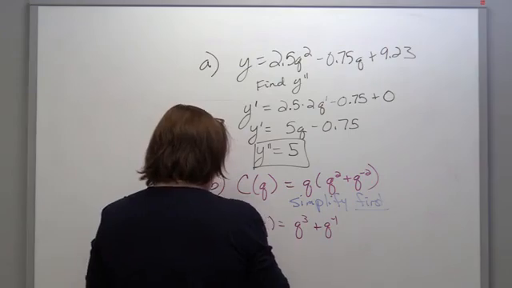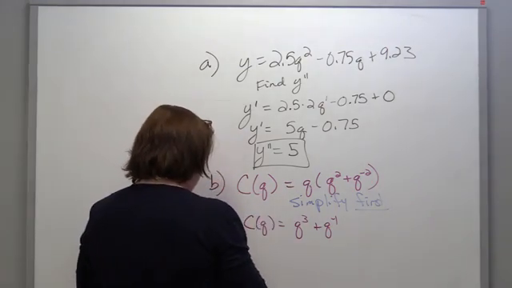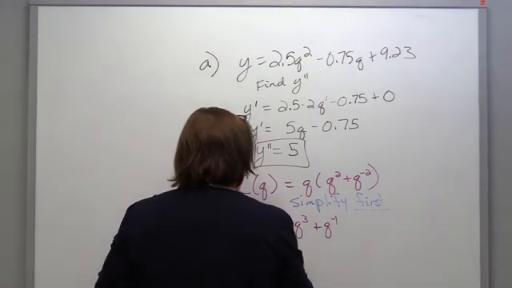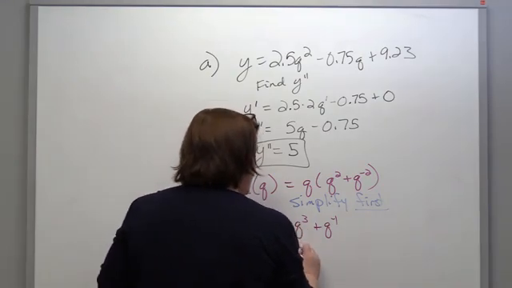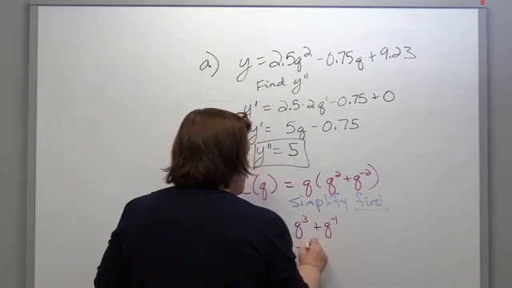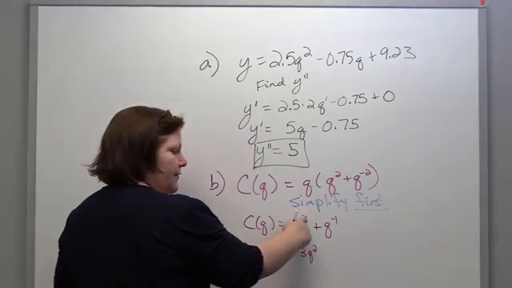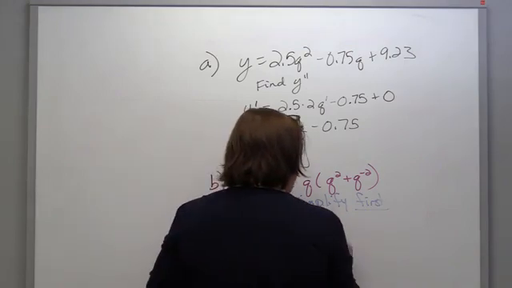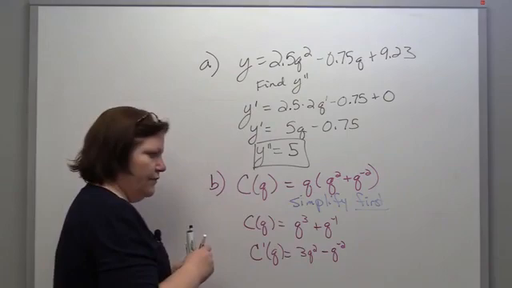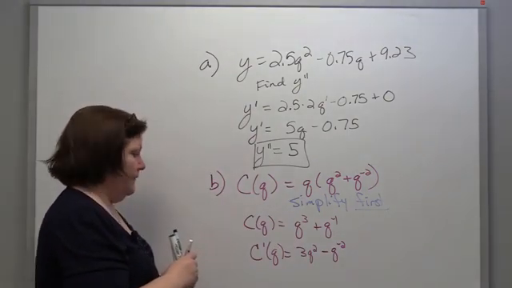Then, when we take the derivative using our power rule, we're going to bring down the exponent, 3q squared. And then here we're going to bring down the exponent, so we're going to get a minus q to the negative 2 when we subtract 1.